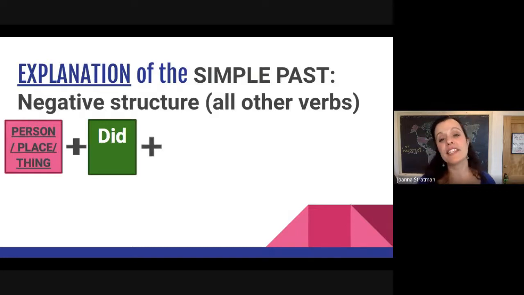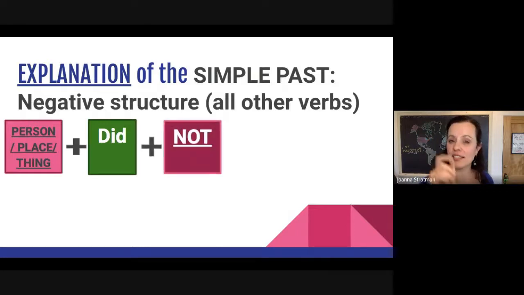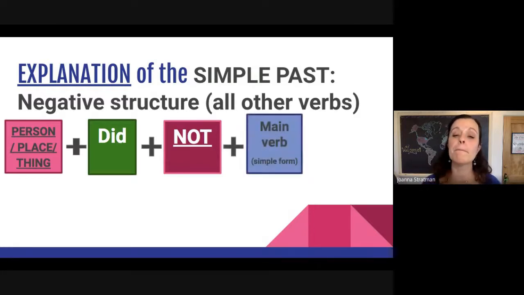Then after did, we always have not in these sentences. Then we have the main verb, the action of our sentence. But now we do not use the past form. Did is in the past form, so we don't need to have two actions in the past form.